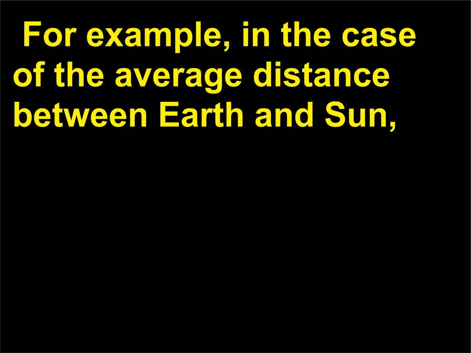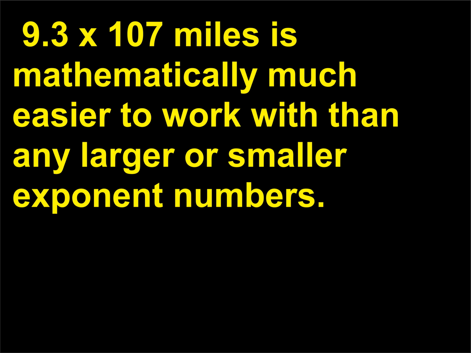For example, in the case of the average distance between Earth and Sun, 9.3 x 10^7 miles is mathematically much easier to work with than any larger or smaller exponent numbers.